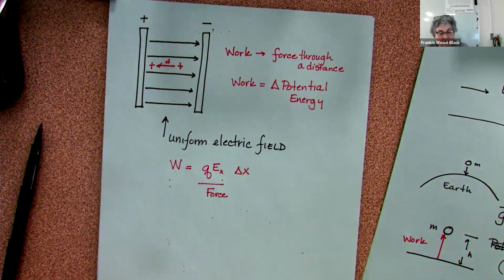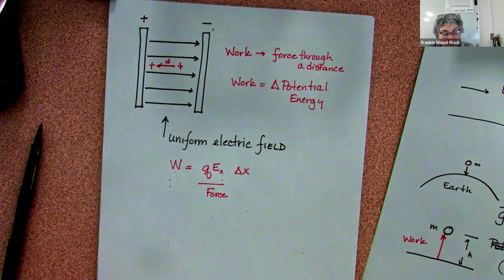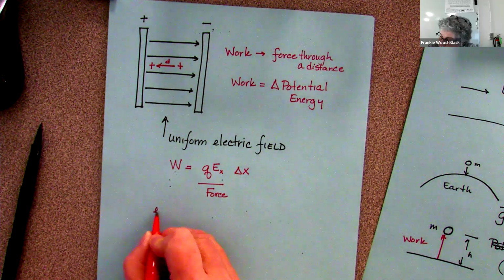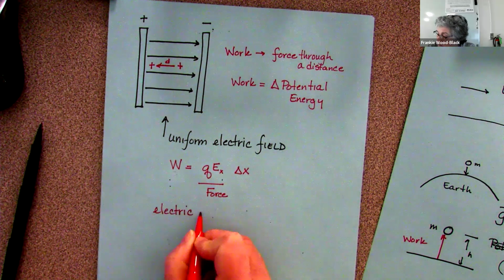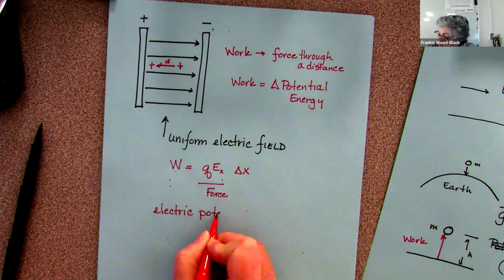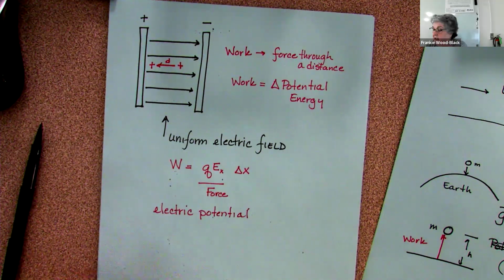And we know that we've got that change and we can actually look at it. And that gives us this idea that we could have an electric potential. We get that electric potential.